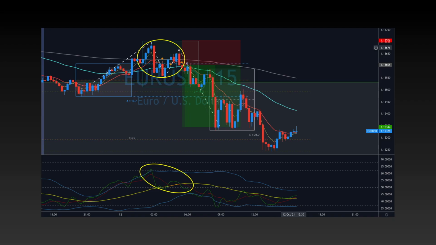Second leg gives you a railroad track. Look at the TDI. The first leg is one that makes it all the way up to the 61 mark. Look where the second leg reads. It's all the way down there already. Good confirmation.